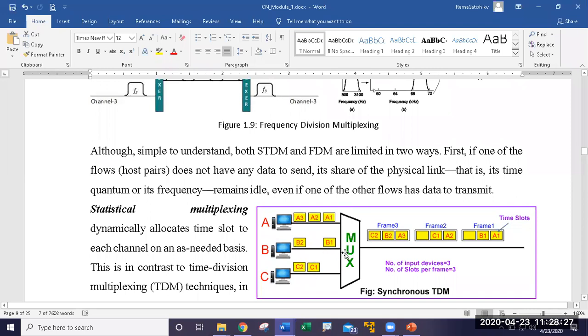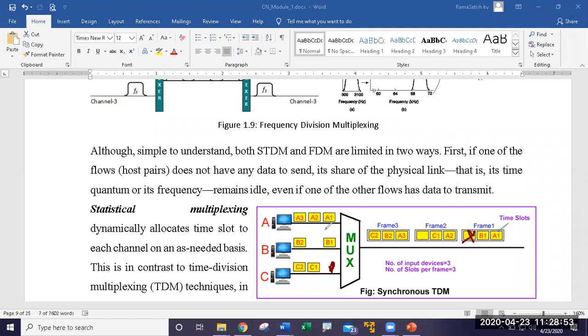Initially, if you are using time division multiplexing, A will be sent, B will be sent, C will not send, because there is no packet in C. C does not have a packet, so this slot will go empty. It is unutilized.